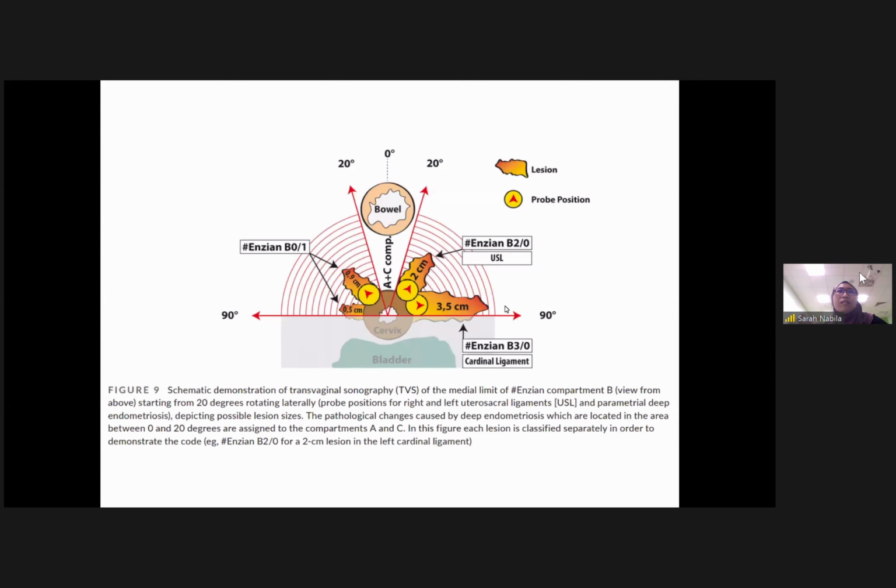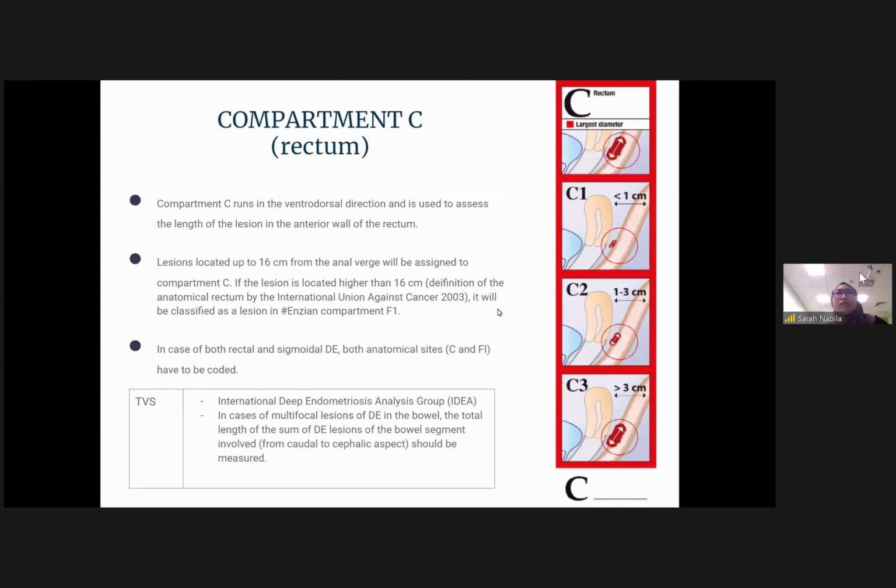For compartment C, this is to assess the ventrodorsal compartment and also the length of the lesion in the anterior wall of the rectum especially.